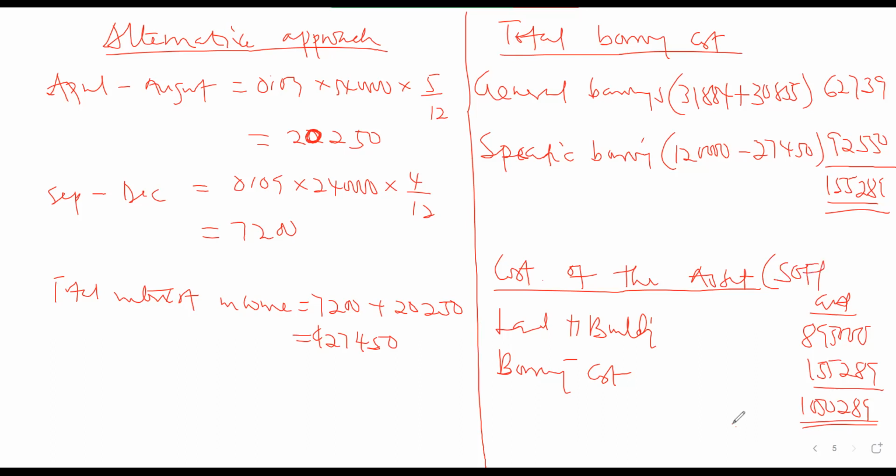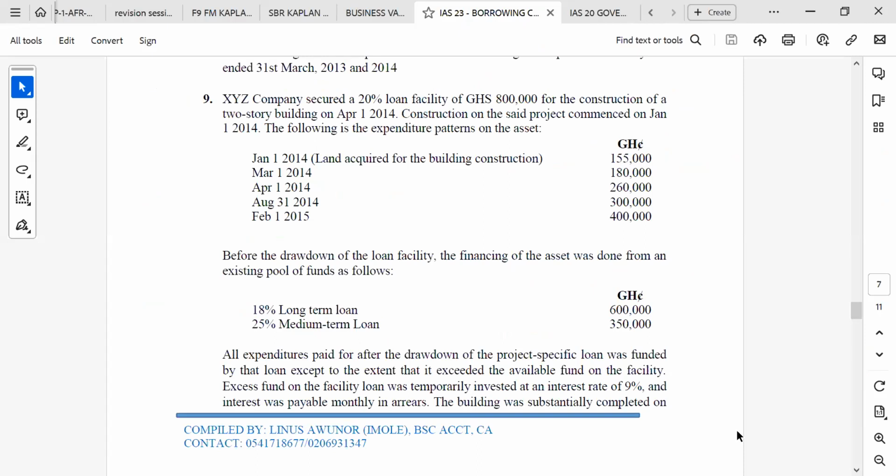Okay. All right. But do you want to show the one that will go to profit or loss? For this particular year, no interest relating to the specific borrowing will go to profit or loss, because construction starts on 1st January and we have taken the loan in April. So we haven't used any part of the loan before the construction.